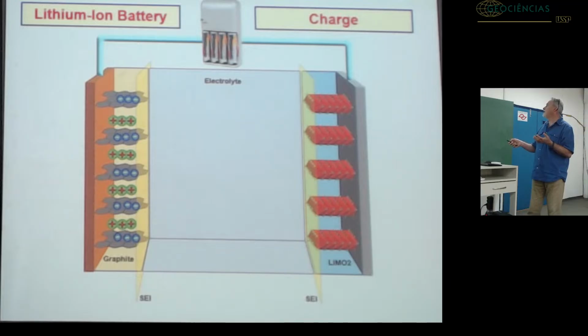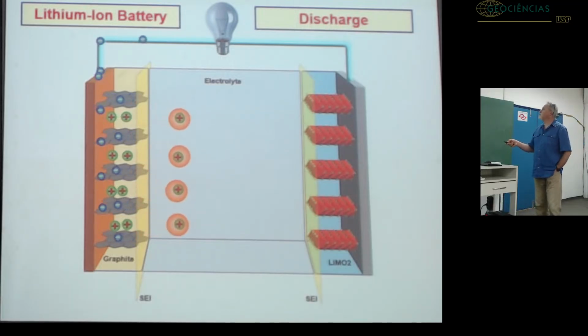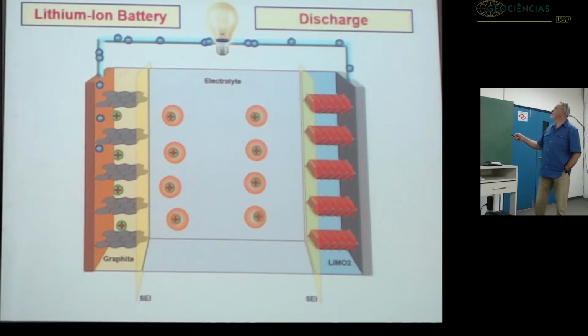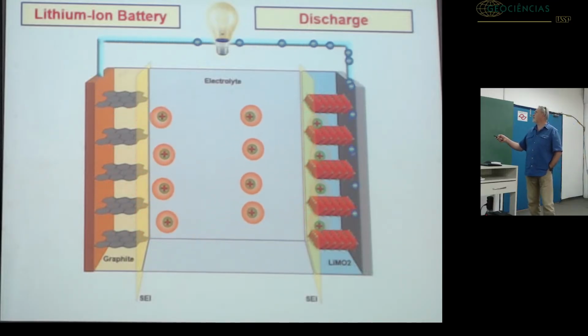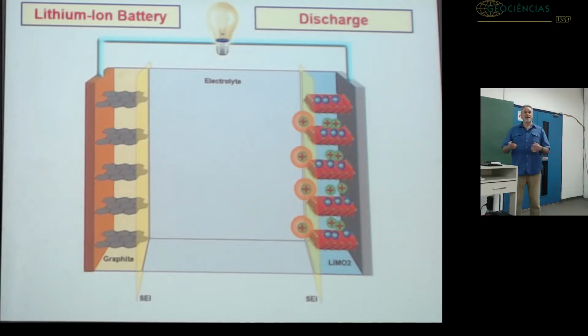And when the lithium-ion battery is in operation, the reverse happens. So lithium goes back from the graphite to the cathode. And what happens to the structure of the cathode? The olivine structure stays the same.